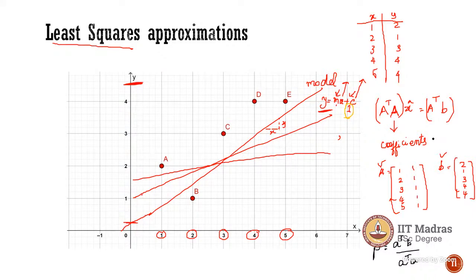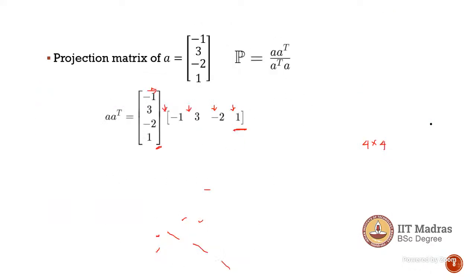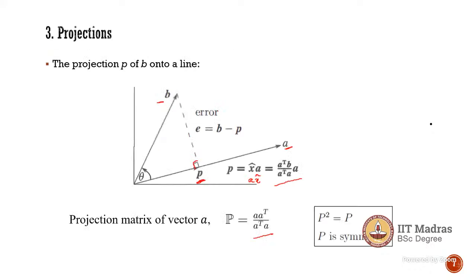From there only we derive this least squares formula. It is not like multiplying A transpose on both sides. From projections only we derived this least squares method. Okay, yeah, got that. I missed this slide.